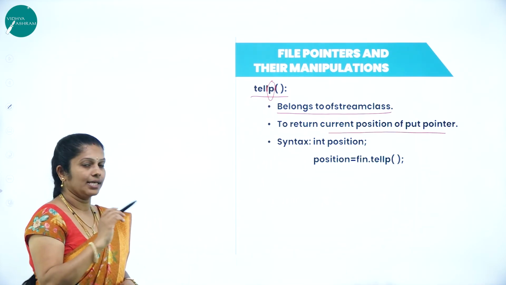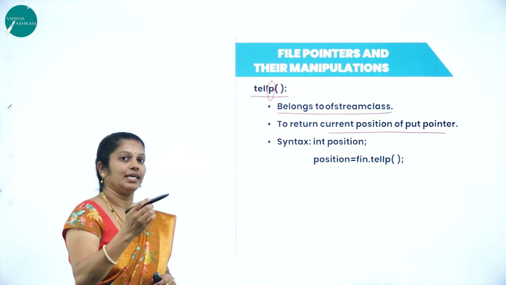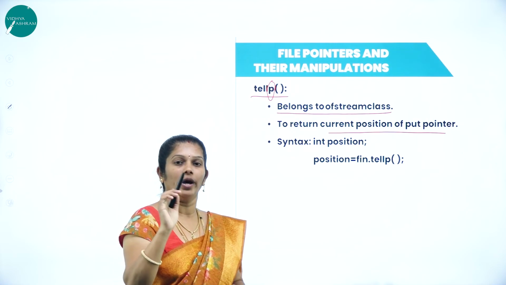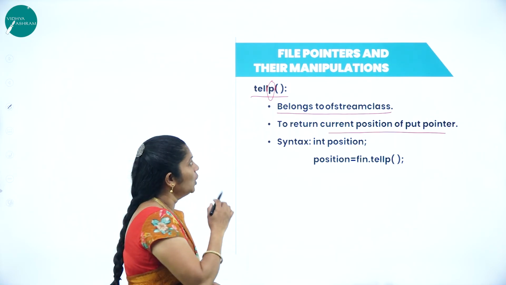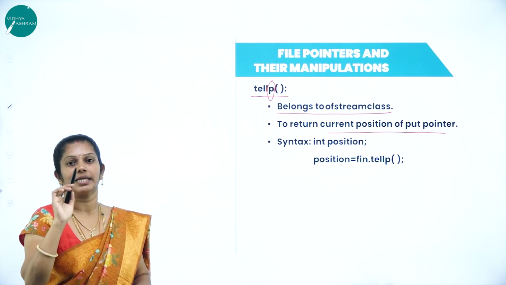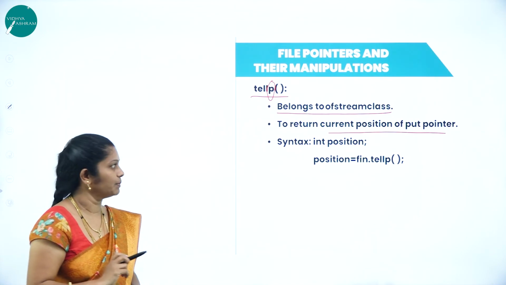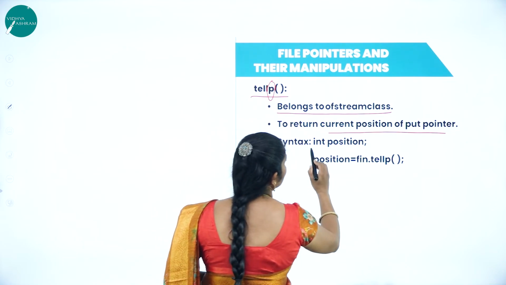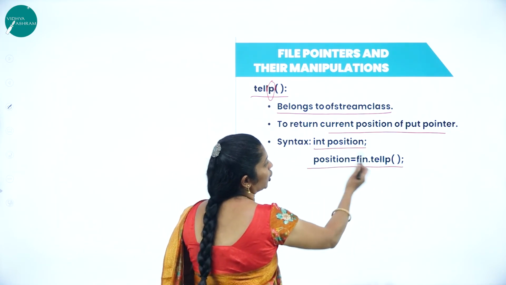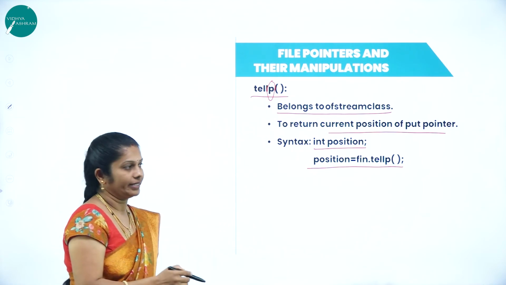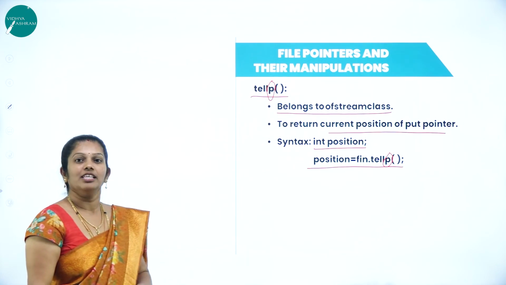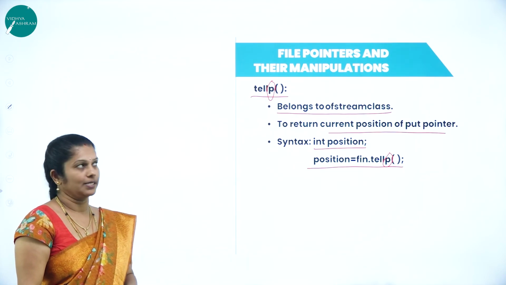Whereas if you observe the previous case, tellg tells you where exactly the get pointer is present, whereas tellp tells you where exactly the put pointer, that is the writing pointer, is present. The syntax for this: int position, then position equals fin.tellp().